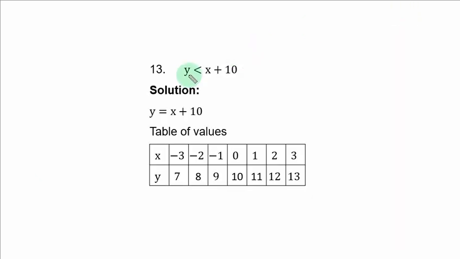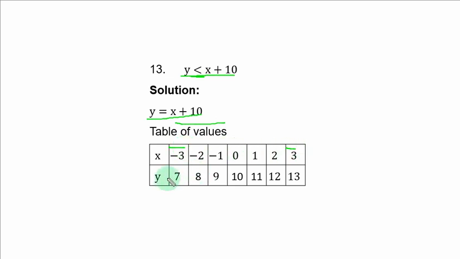Example 13, you have y less than x plus 10. You change this symbol to equality and you have y equal to x plus 10. Y is already standing alone, so you don't need to do anything again. Then let's have the table of values, the same range of values of x from minus 3 to plus 3.